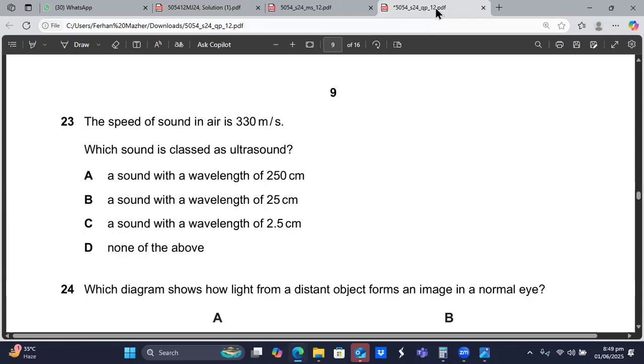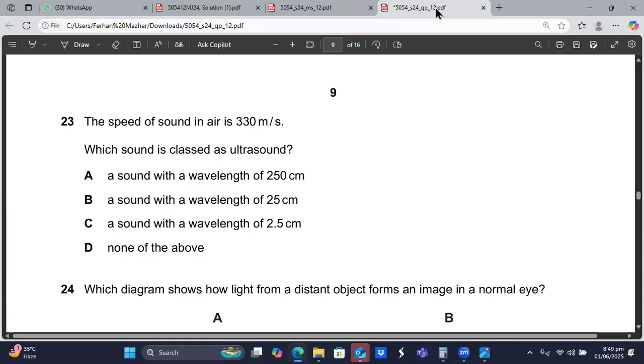The sound wave whose frequency is more than 20,000 hertz is known as ultrasound. A sound with a wavelength of, it does not have anything to do with the wavelength.